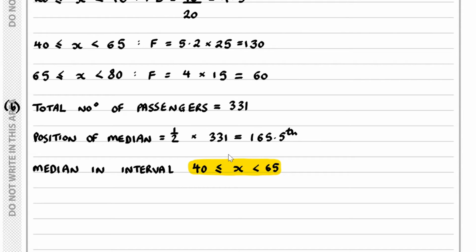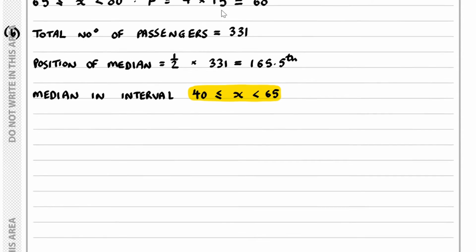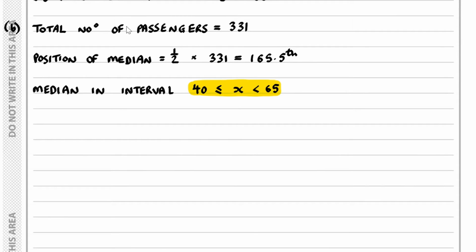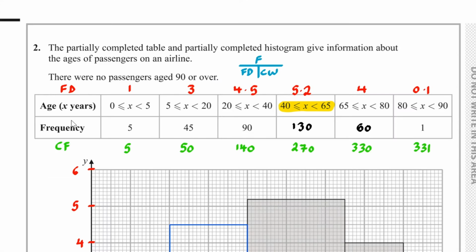So now what we'll do is use a line and then the gradients of the line to help us find out the median. So if I draw a line from here, well, if I go back, I've got 270 with 65 or less, and then I've got 140 with 40 or less.